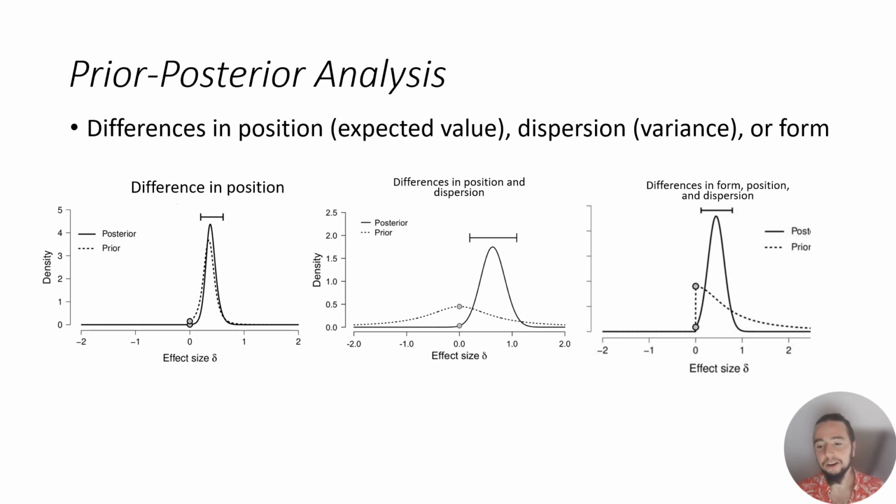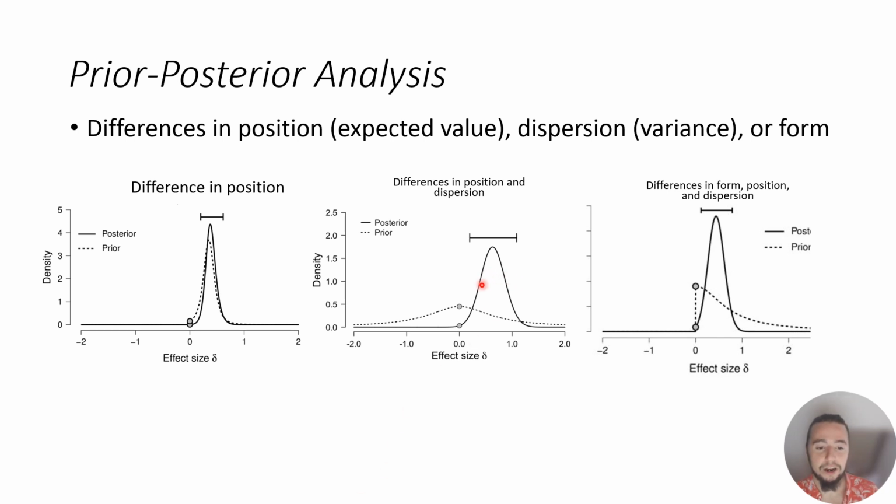The prior-posterior analysis is basically plotting or describing the prior distribution and the posterior distribution and seeing how much the data likelihood is impacting these states of belief. So we can search for differences in position, for example, if the expected value is in another place. We can also search for differences in dispersion and position.